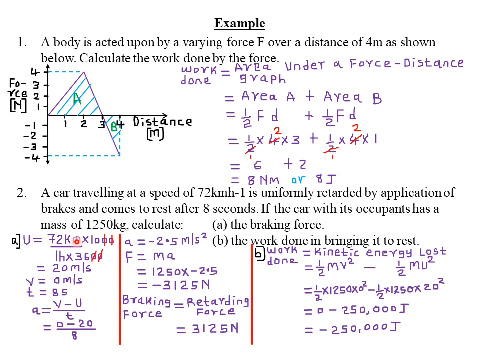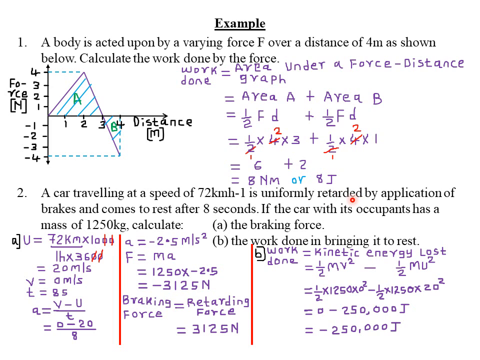So you'll have 72 km over 1 km times 1,000 meters. Then we know that 3,600 seconds is equal to 1 hour. So we'll have 1 hour over 1 hour multiplied by 3,600 seconds. So this will give you your initial velocity as 20 meters per second. That is in SI units.